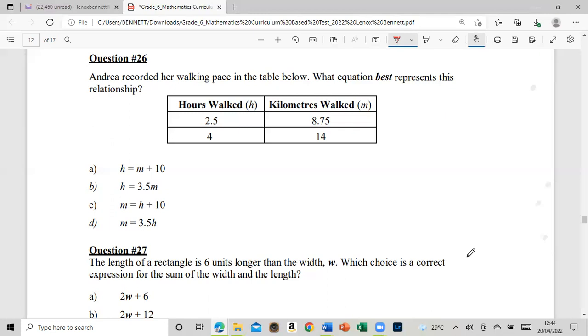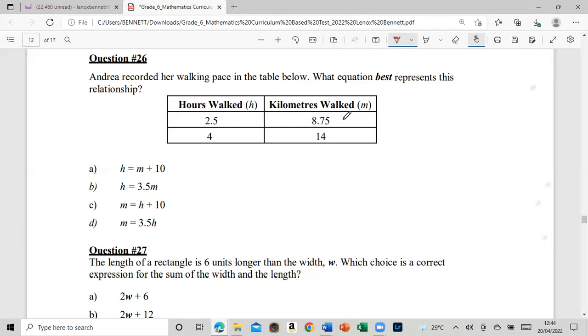H to M. So H is the hours, and this is the kilometers. I was looking at it wrong.